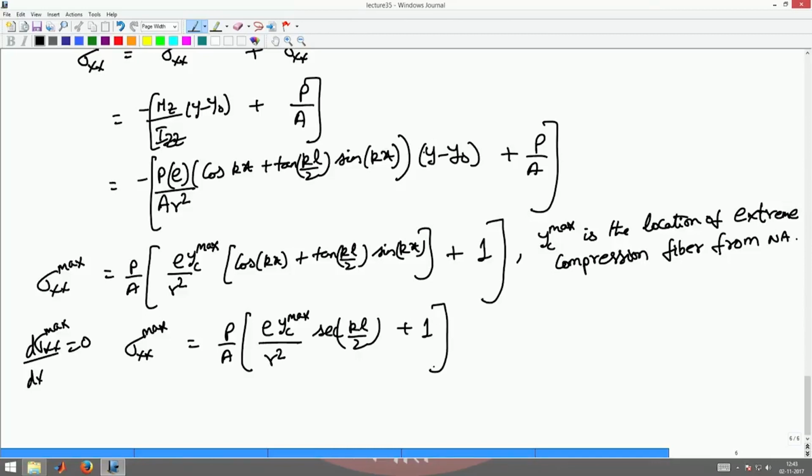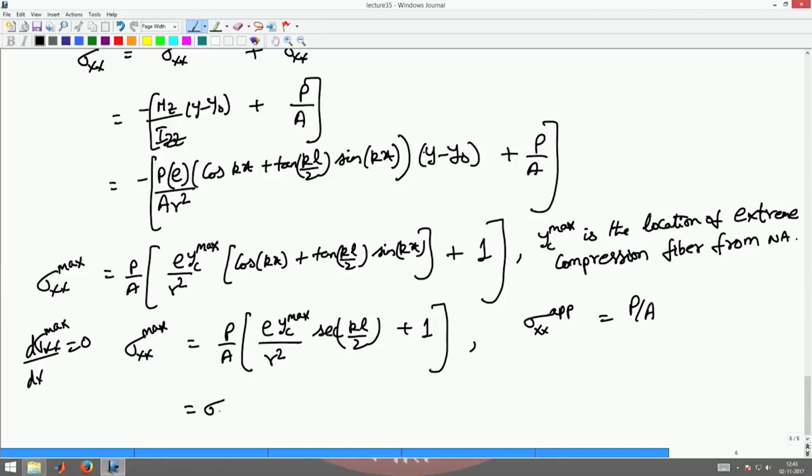Okay. Now, this k also contains p. So, I want to write everything in terms of, let me define sigma xx apparent as p by a, the actual stress that is applied.